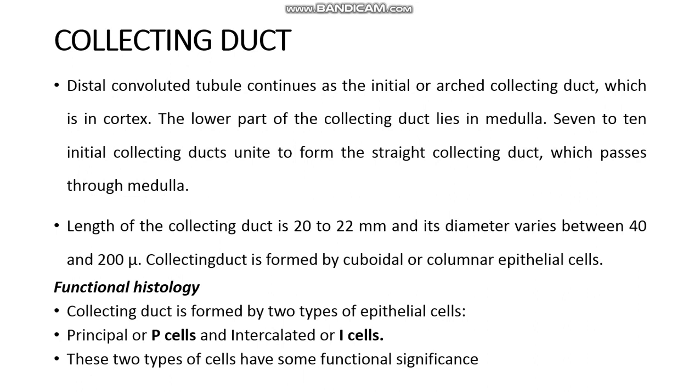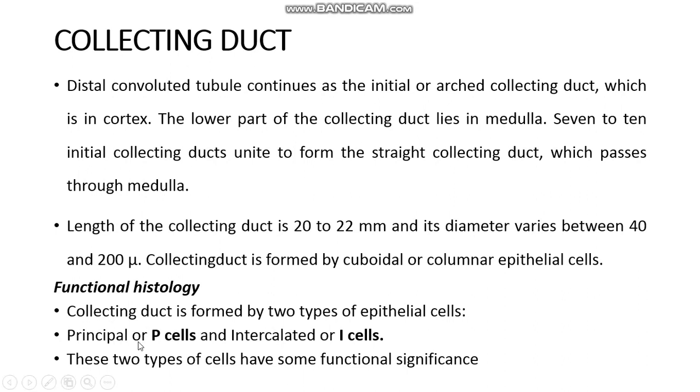The length of the collecting duct is about 20 to 22 millimeter, and the diameter varies between 40 and 200 micrometer. The collecting duct is lined mainly by cuboidal or columnar epithelial cells.